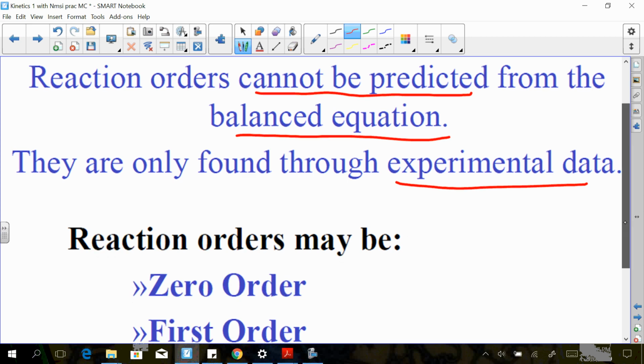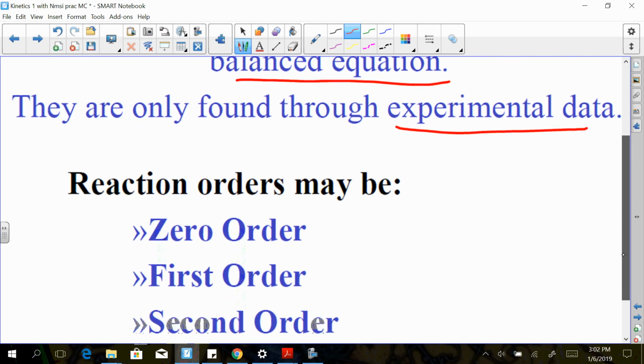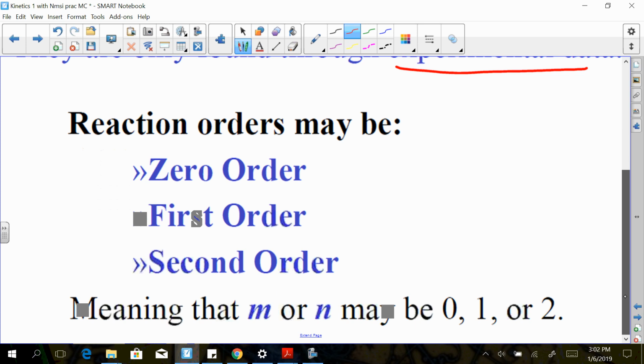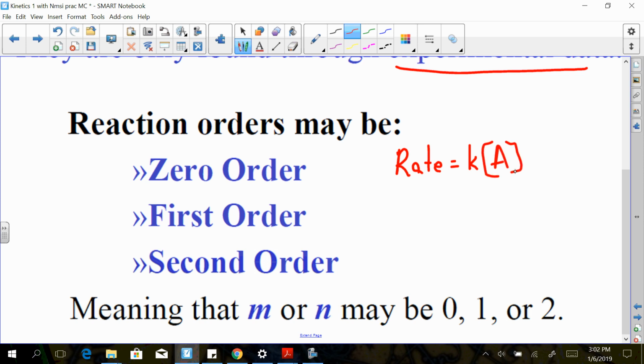Now, one of the things that is kind of easy about this one is that your reaction might be zero order, it might be first order, or it might be second order, meaning that those little exponents, M and N, could be 0, 1, or 2. So if you had the rate equals K, the rate constant, times the concentration of, let's just say you had one reactant.